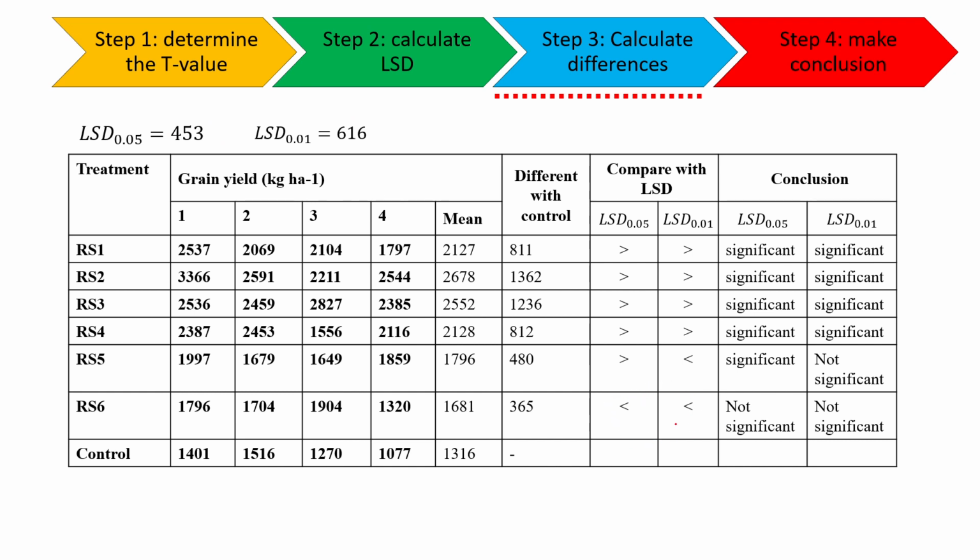So smaller. So what is the conclusion? Remember, the conclusion is if the difference is larger than the LSD, then it is significantly different. Or else it is not significantly different. So you can make your conclusion. Larger means significant, smaller means not significant. So these are the conclusions that you have made.